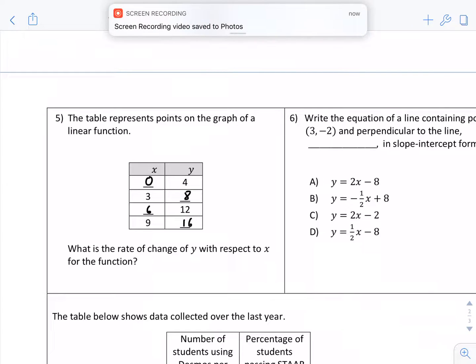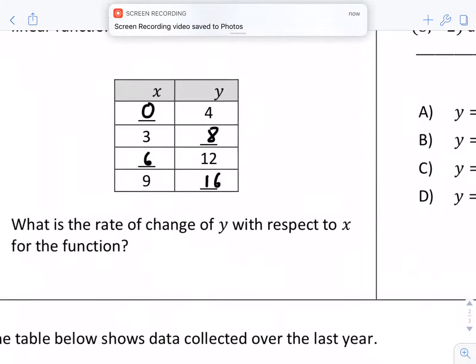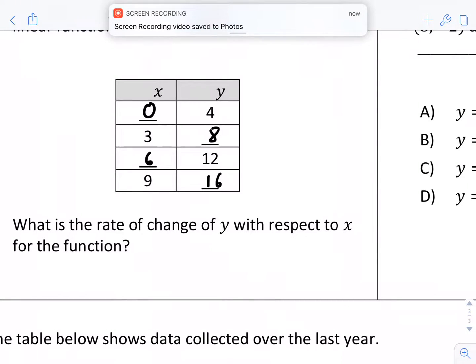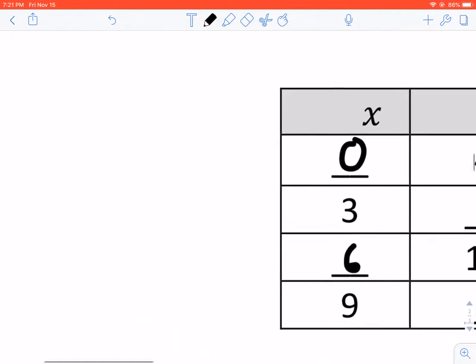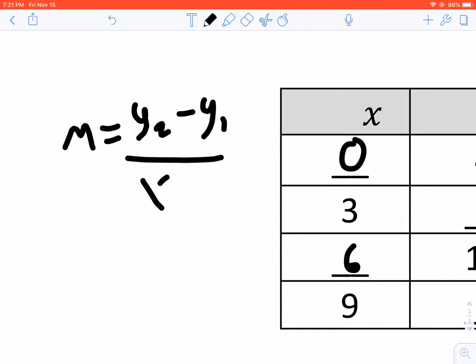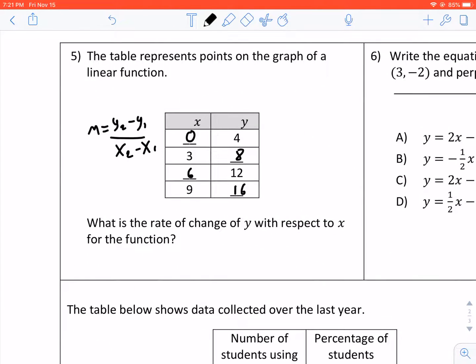So right here we can either do it manually, which is m is equal to y2 minus y1 over x2 minus x1. You can do it that way, or we can do the shortcut way. I'm going to go for the shortcut way this time.